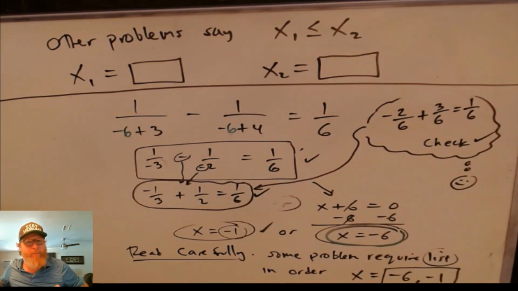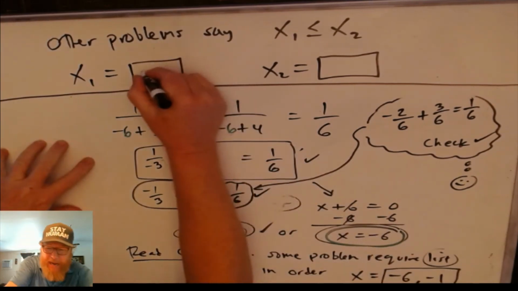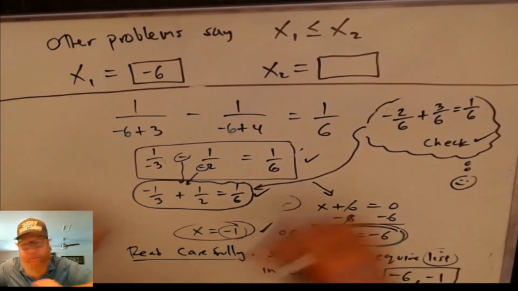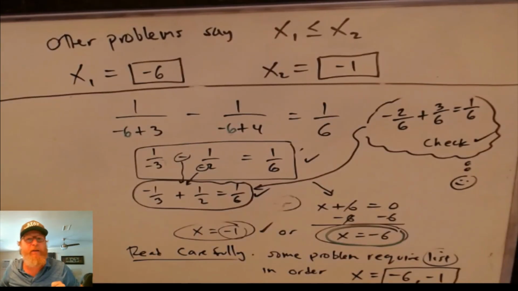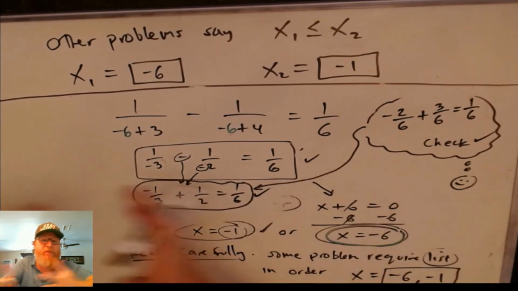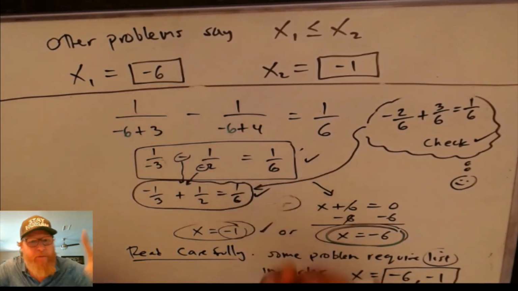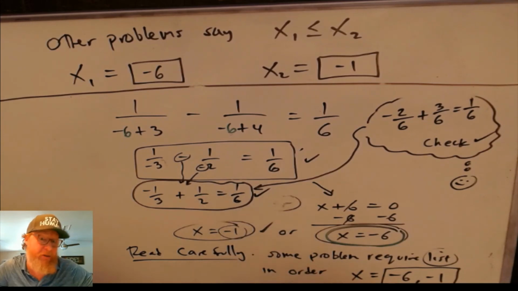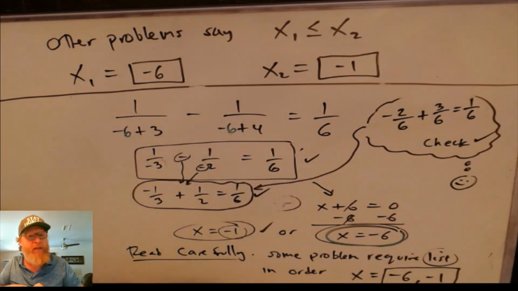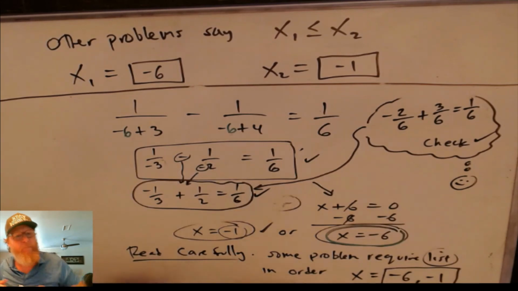So you got to put the -6 in this answer box and the -1 in the other answer box. Remember, with negative numbers, the number that appears larger, 6, looks bigger, it's actually smaller. Think of it as money. You owe 6 versus owing 1.